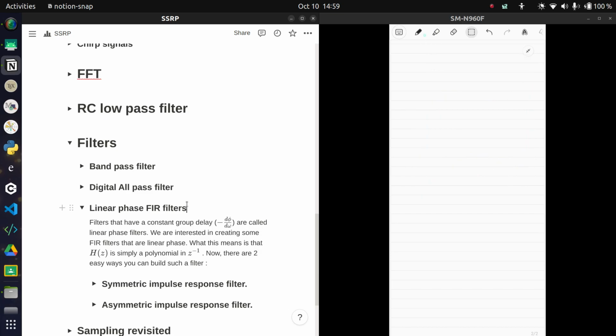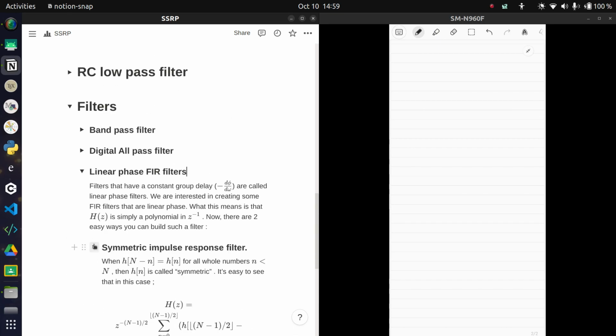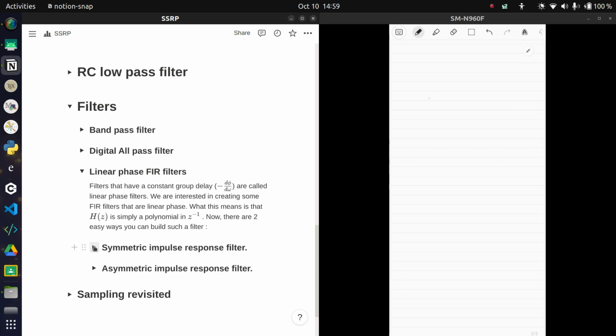I don't want to go into this too much, it's a bit too easy for me, but say your impulse response is 1, 2, 2, 1. Then the z transform of this impulse response would be 1 plus 2z inverse plus 2z power negative 2 plus z power negative 3. You pick the centermost value, which in this case is 1.5, so you factor out z power negative 1.5.